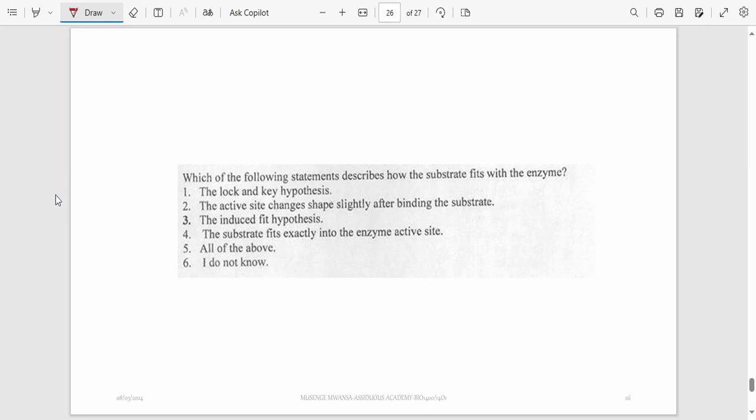Which of the following statements describes how the substrate fits with the enzyme? The lock and key hypothesis. The active site changes shape slightly after binding the substrate. The induced fit hypothesis. The substrate fits exactly into the enzyme active site. All of the above. Which one is the answer?